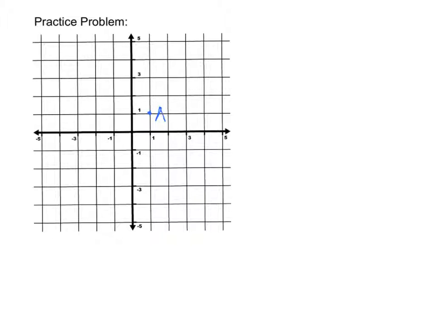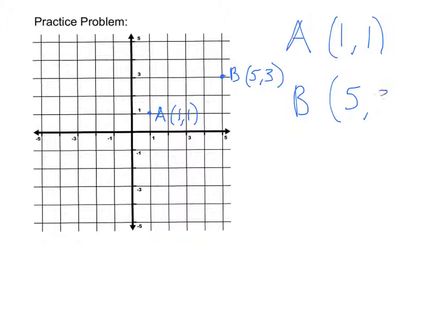We have point A here at 1, 1, and point B here at 5, 3. So now we know that this is going to be x1, this is y1, this is x2, and this is y2.